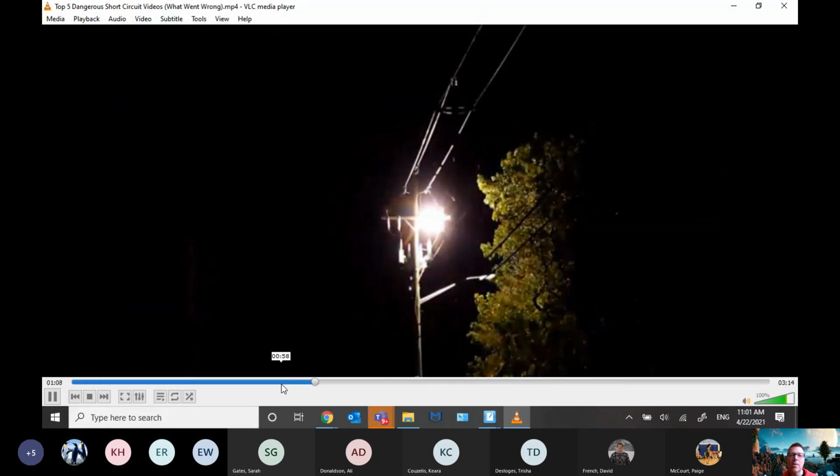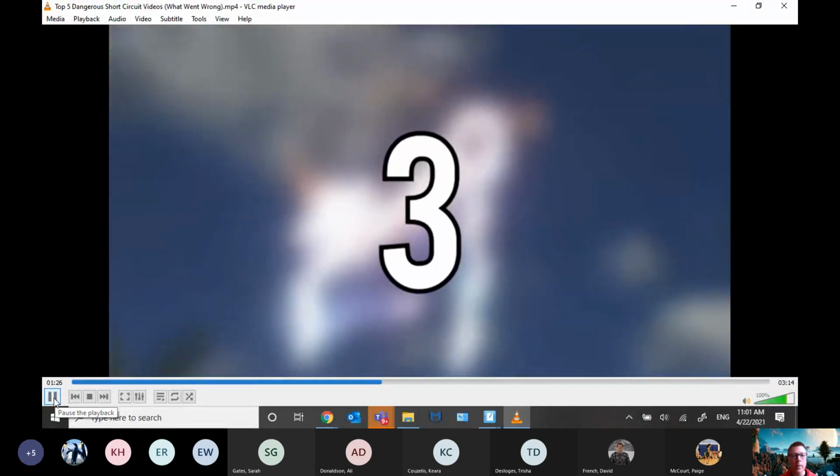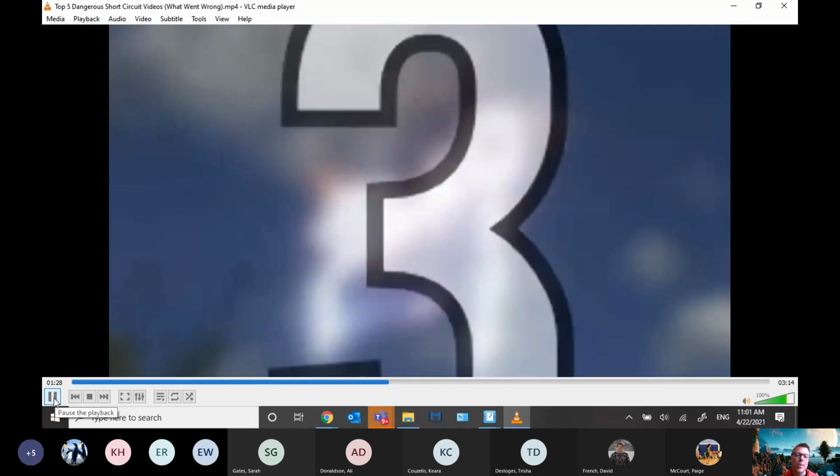There is a lot of danger in those wires. If this was happening in real life and you're watching this, by the way, you could damage your eyes badly by watching that. That's brighter than the surface of the sun, people would say, because it's so close to you, of course, right?